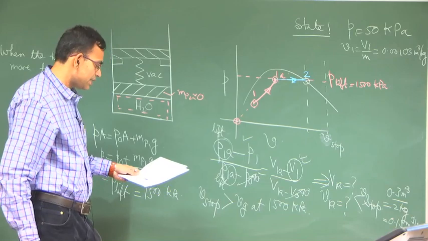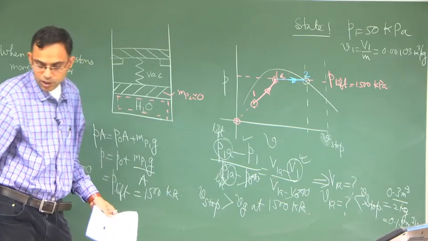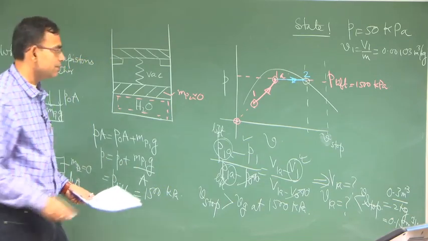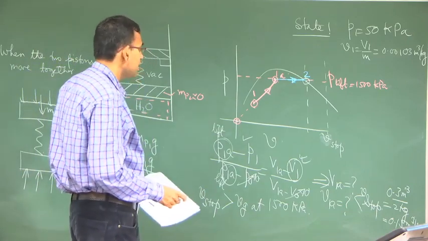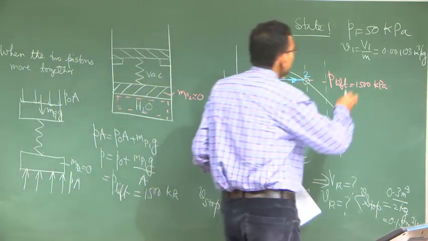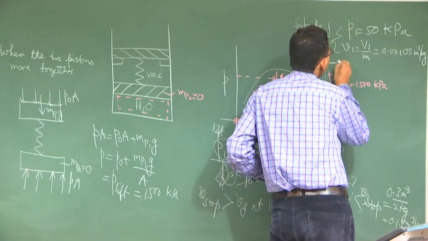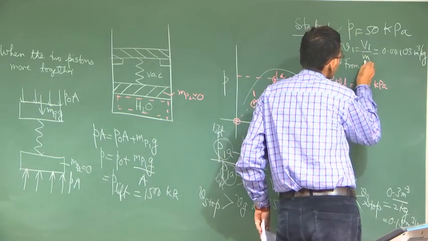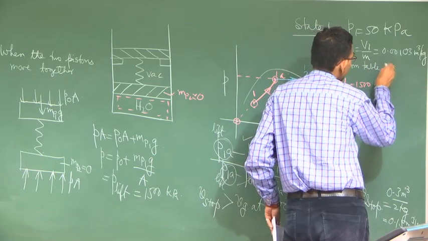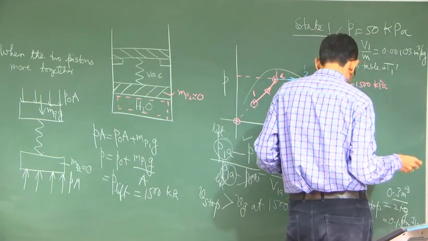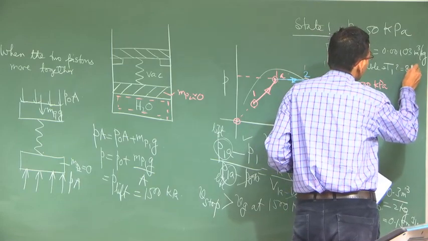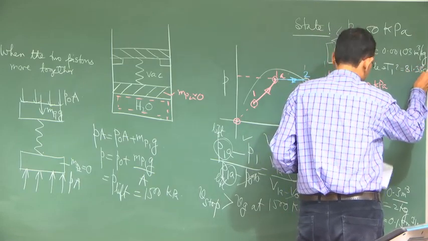So, based on this, all the parameters for the problem can be obtained. So, first is initial temperature. So, from P1 V1 from the water table you will get T1. So, T1 is 81.33 degrees centigrade.